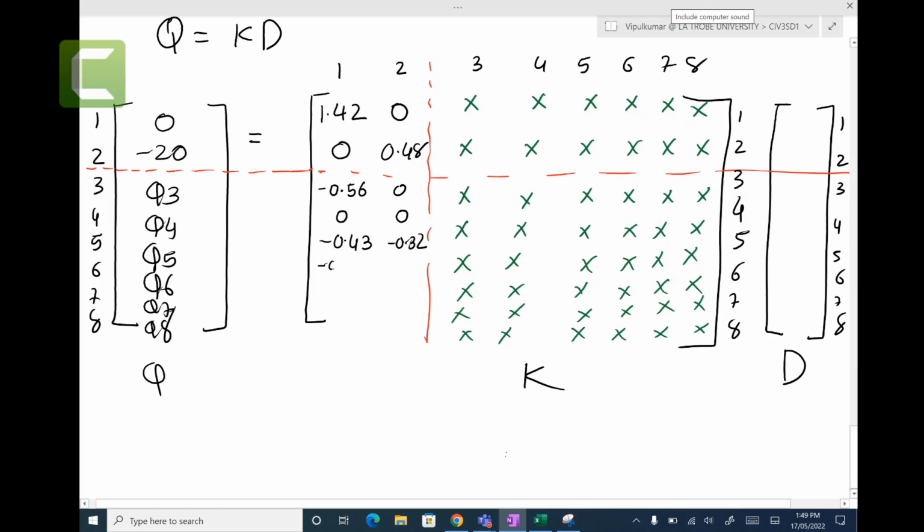And then 0.32, 2, 4. 4, 3. 5, 2. 0.32. Minus 0.32. And that's it. Negatives.